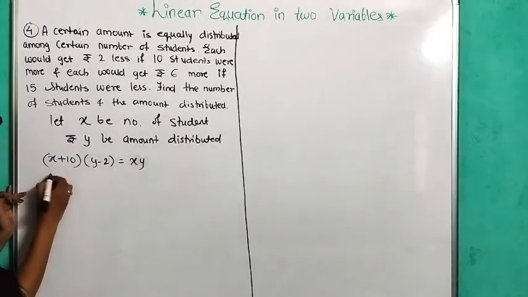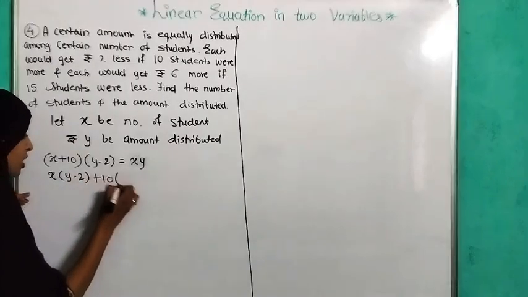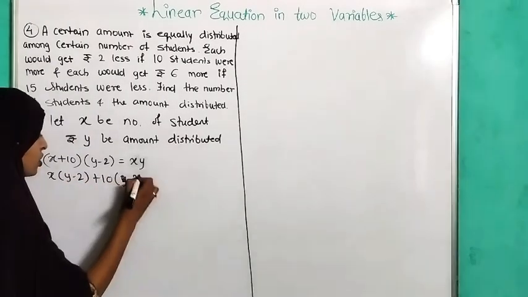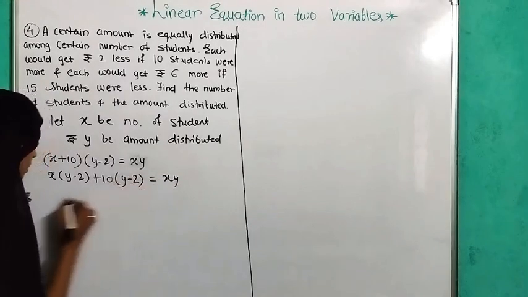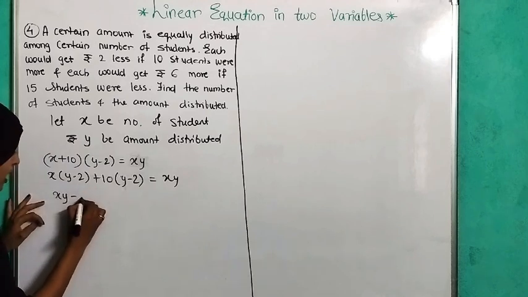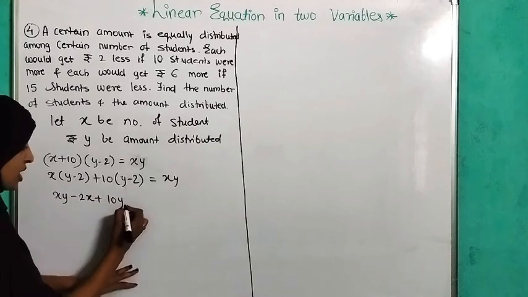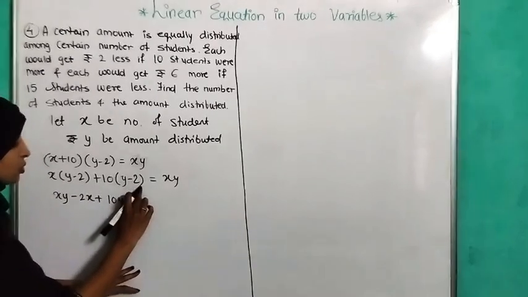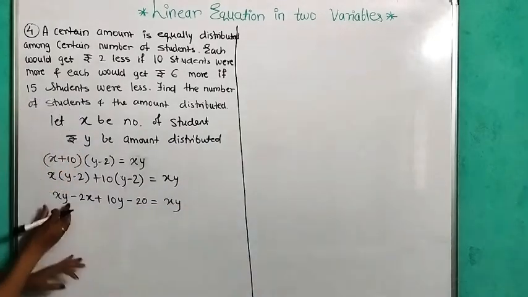If you are going to solve this, then x into y minus 2 plus 10 into y minus 2 is equals to xy. So x into y, xy minus 2 into x, 2x plus 10 into y, plus 10y, minus 10 into 2, minus 20 is equals to xy.